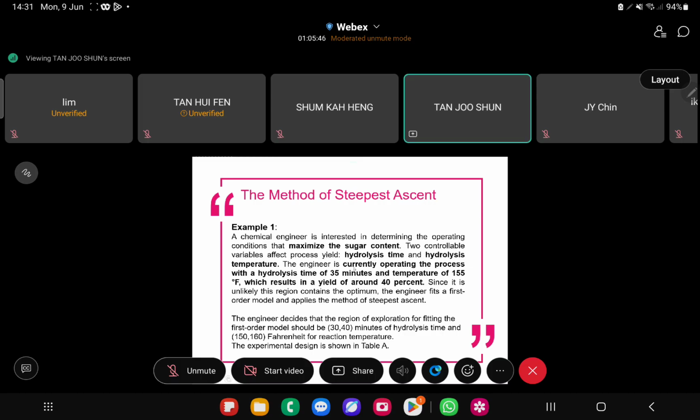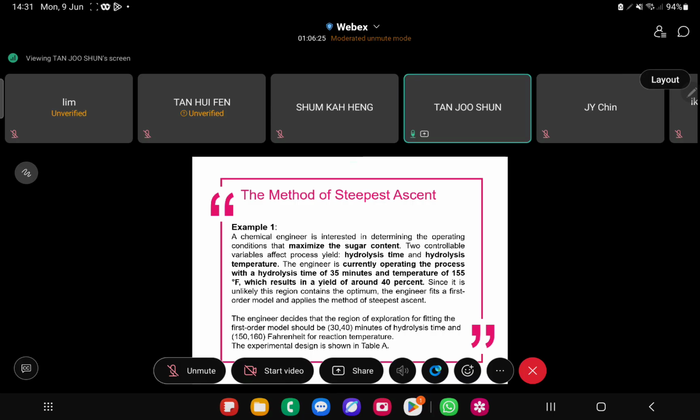Now the engineer decides to explore whether this range, this 35 minutes and 155, is considered optimum or not. The engineer decides to use a range, because currently it's using 35 minutes, so the engineer tries a range of 30 to 40 minutes.